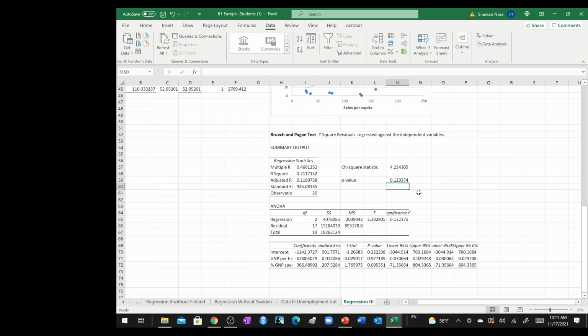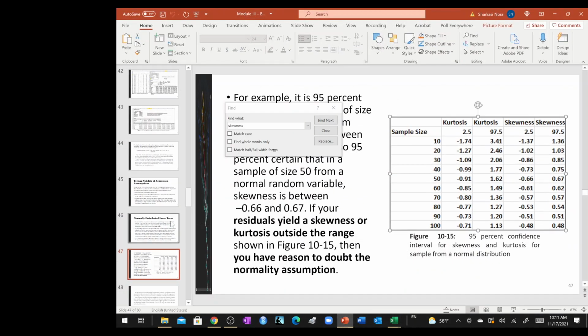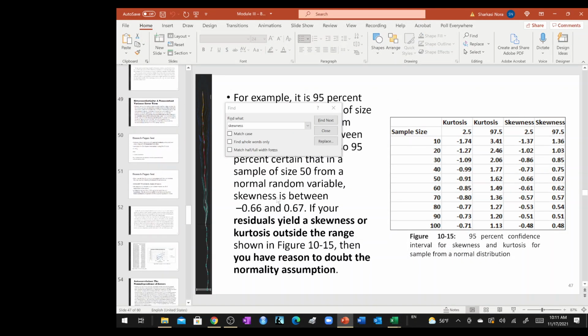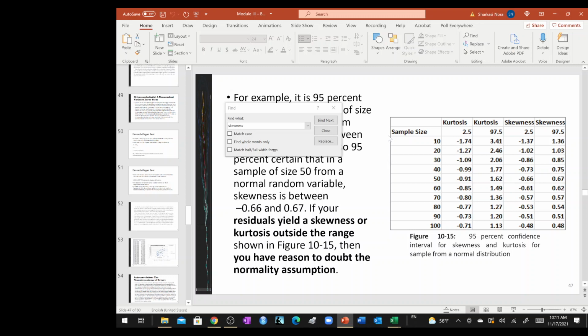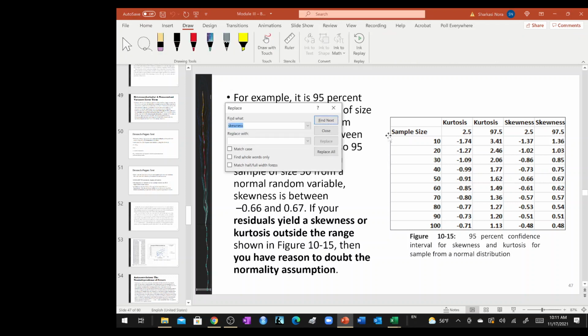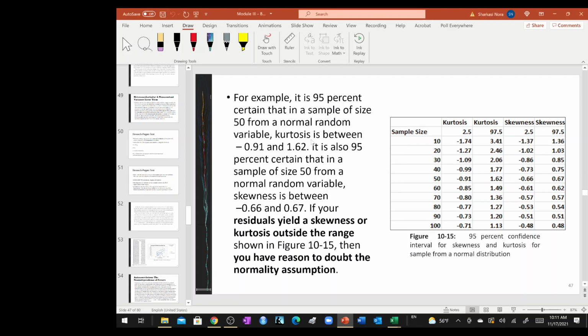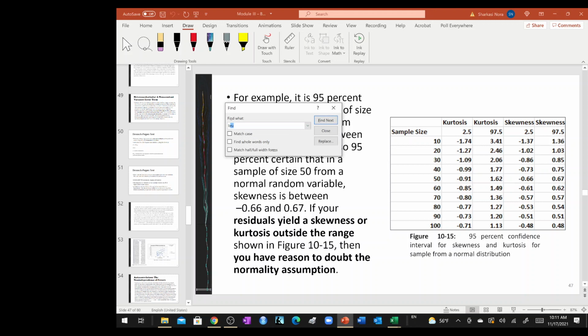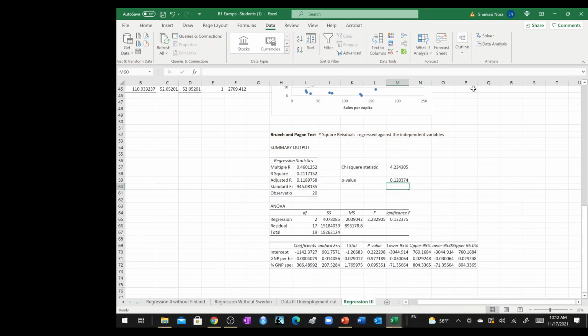Now we know which one it was. So let me check also. Do I have a Breusch-Pagan? Okay, I don't have the slides here, but I will provide them to you. So this is for the Breusch-Pagan test.